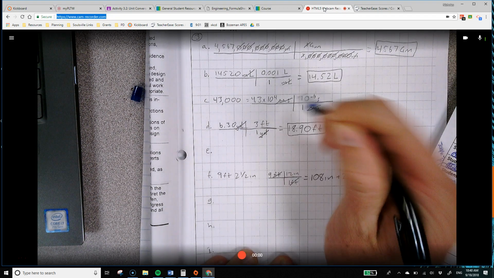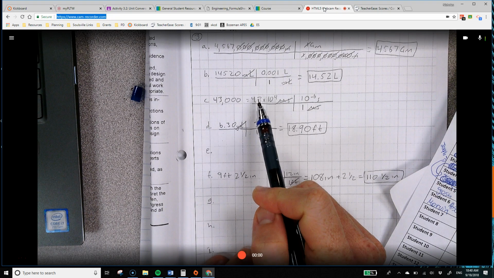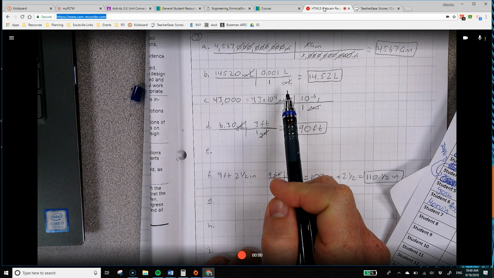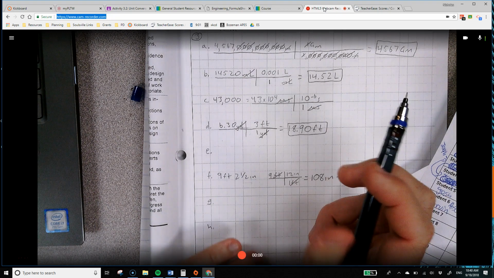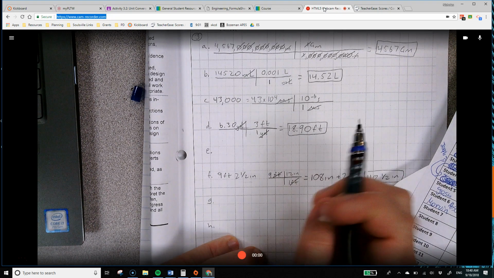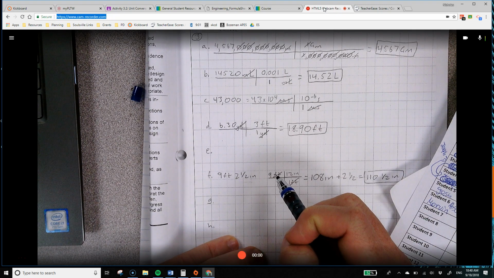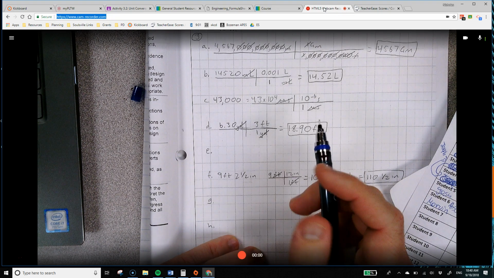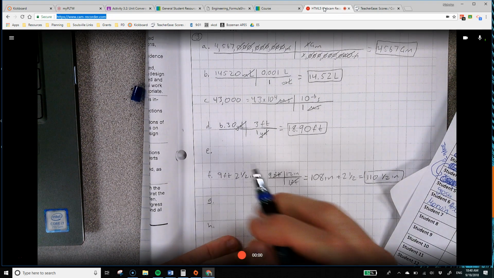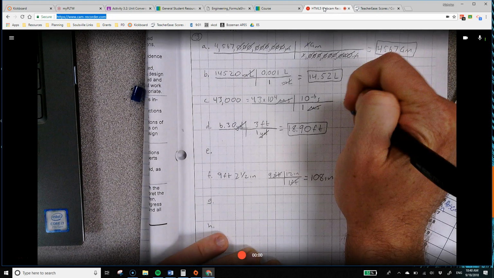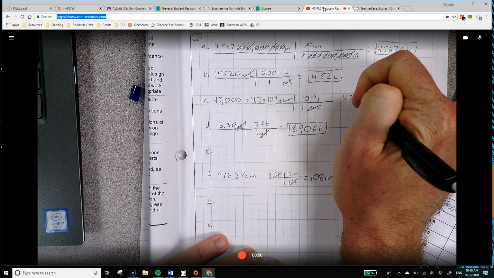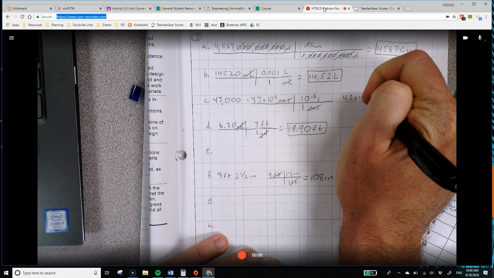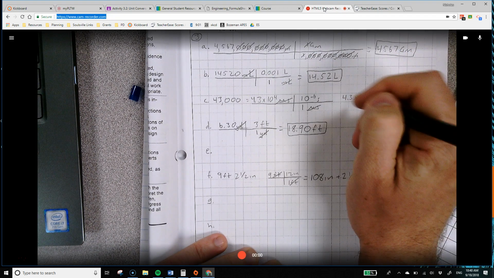Cross out microseconds. Then I say 4.3 times 10 to the 4th times 10 to the minus 6th. I add those exponents. So what is 4 minus 6? Negative 2. So I would get 4.3 times 10 to the minus 2 seconds.